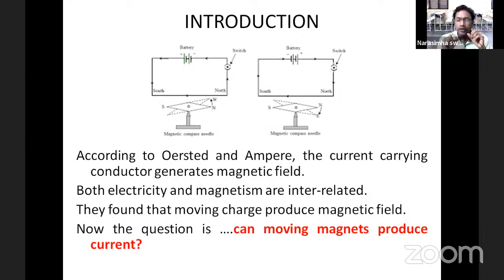I am repeating, when charges are under motion, they produce a magnetic field. Now the question is, can moving magnets produce current? This is the topic.